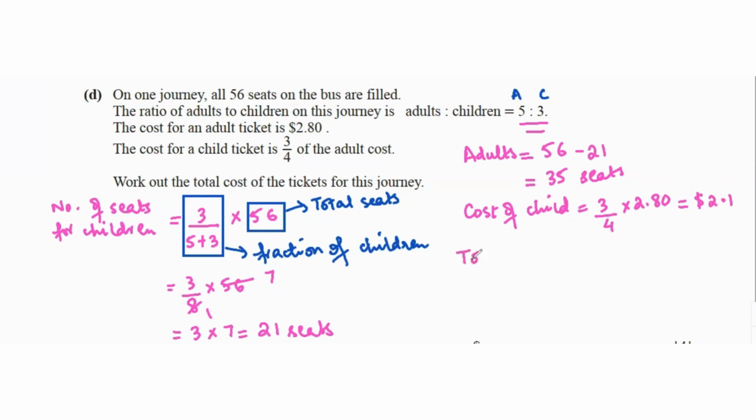So now total cost will be the number of seats for adults multiplied by the cost plus the number of seats for children multiplied by the cost. So adults were 35. So we'll multiply the cost for that, which is 2.80 plus number of children is 21 times 2.1, which is the cost of the seat for one child. And that will give us $142.1.